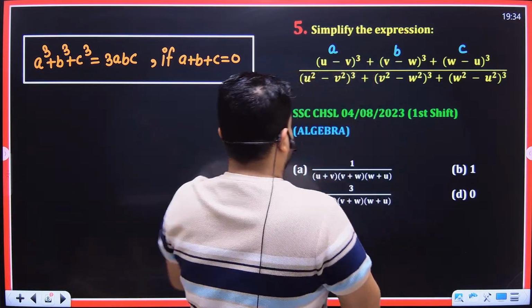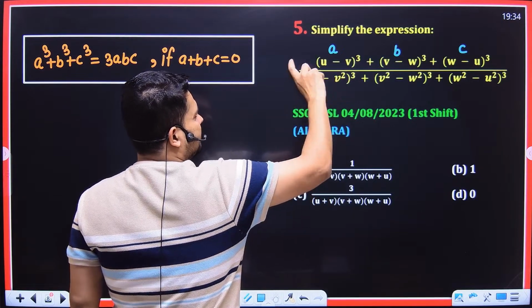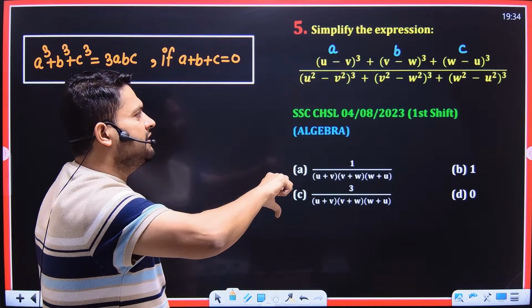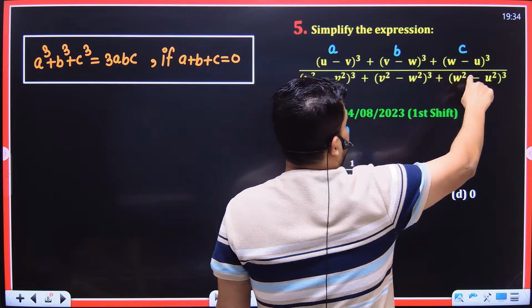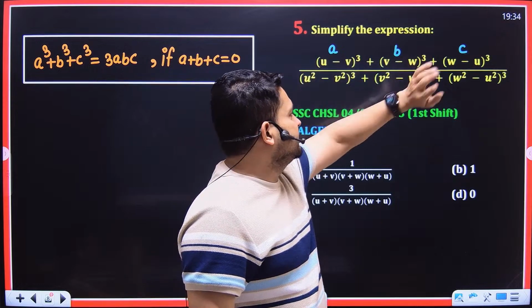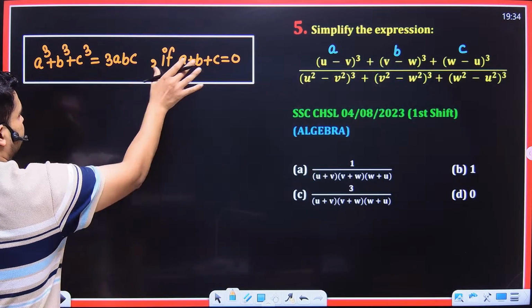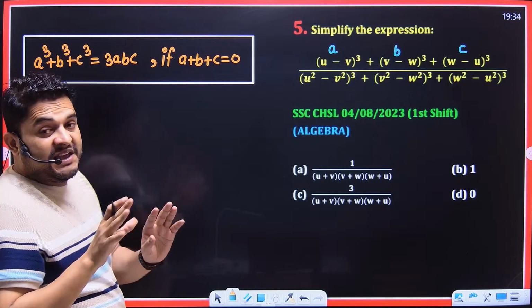If I solve this, this one is u square minus v square, that is u plus v, u minus v. This one is v minus w, v plus w. This one is w minus u, w plus u. See, if a plus b plus c is 0, then a cube plus b cube plus c cube equal to 3 times of a, b and c.